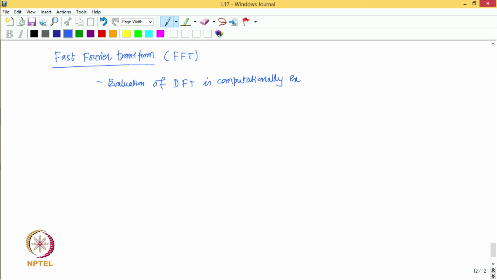The computational efficiency depends upon how many additions and multiplications need to be carried out in order to evaluate the DFT, and therefore the higher this number, the poorer the computational efficiency.